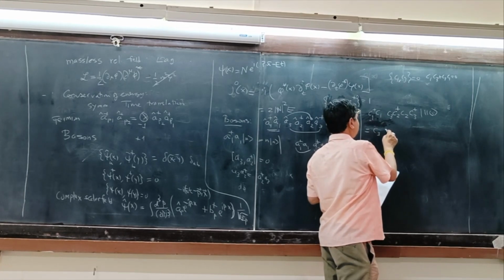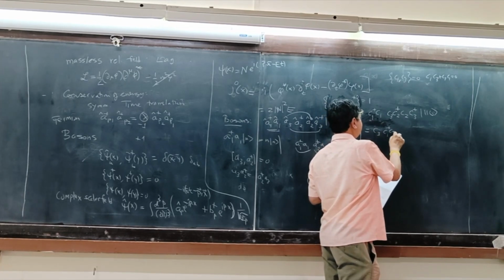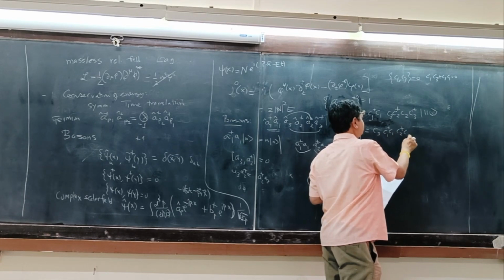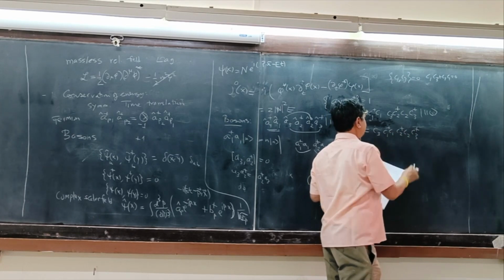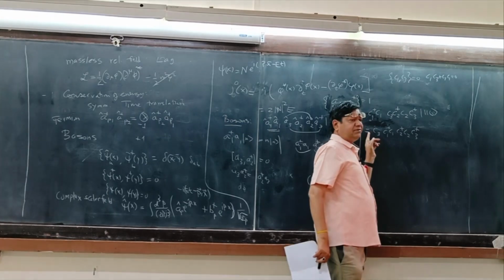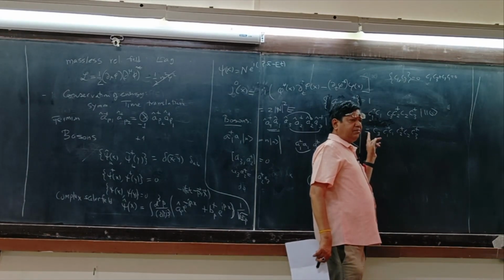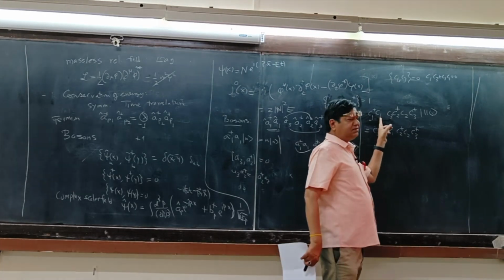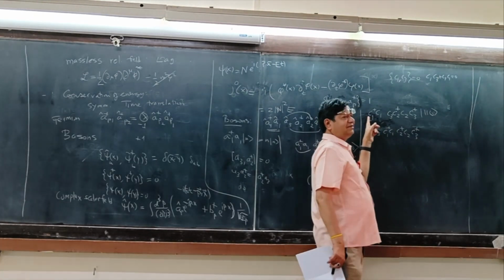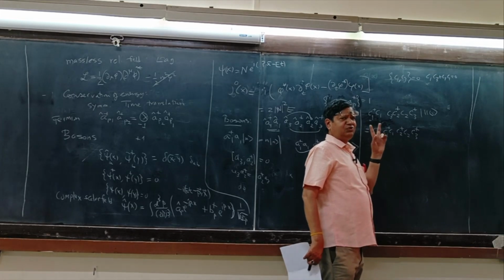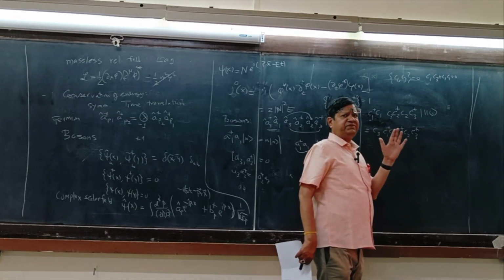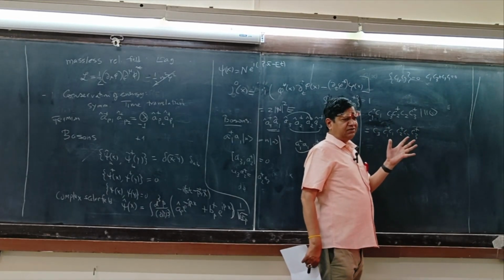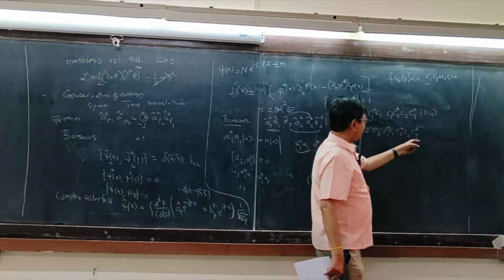So C3 coming to the left, what will happen? C1 dagger, C1, C2 dagger, C2, C3 dagger. So will it be plus sign or minus sign? No. This switch was 1 minus, and then I switch again. So minus minus becomes plus. 2 shifts means plus 1.